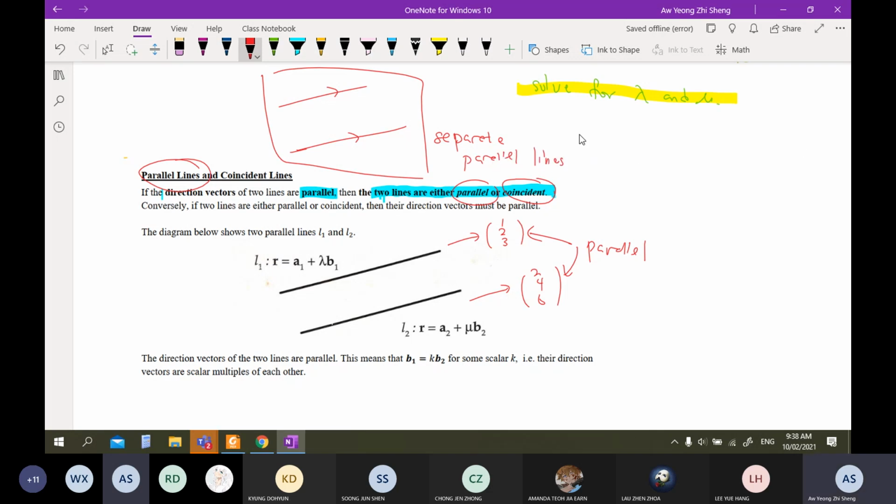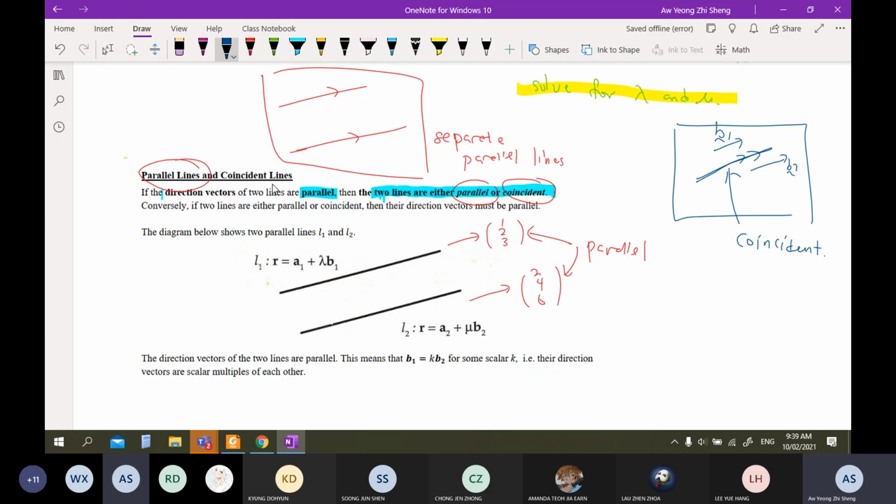However, there is also a second possibility where the two lines are actually the same line. If the two lines are the same line, then their direction vectors are of course also parallel, and so you can have a B1 this way, B2 this way. So you can have this second possibility of two lines being coincident.